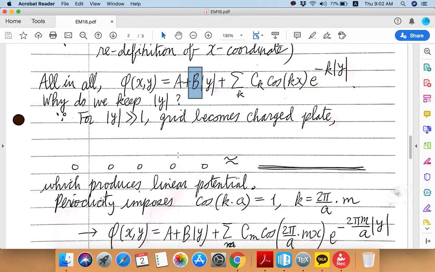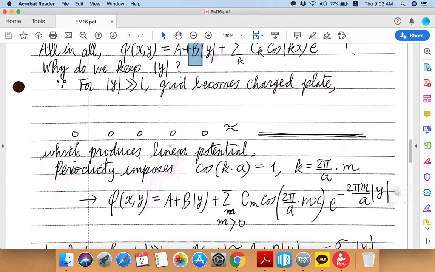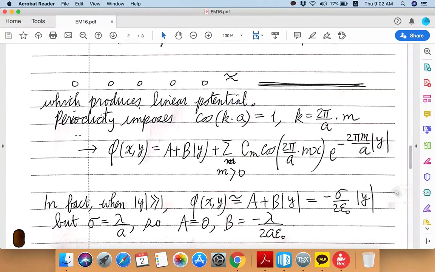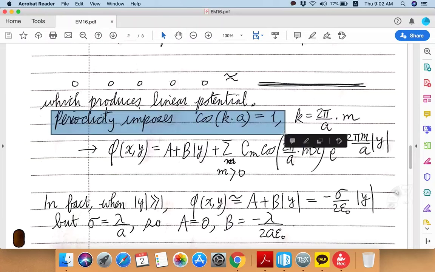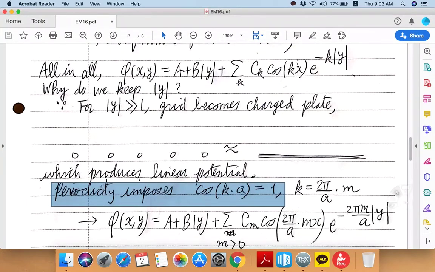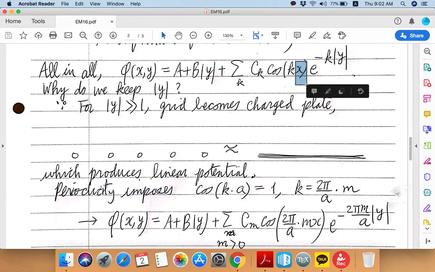Well, first of all, there's a periodicity of the potential along the x direction, which is only guaranteed if this condition is satisfied. That is, every time you move x by an amount of a, then the function becomes equal to itself.